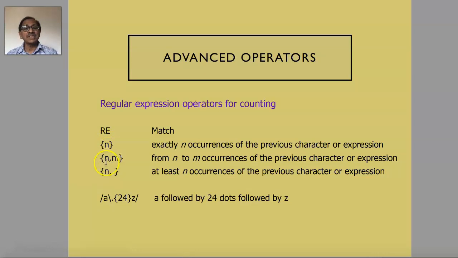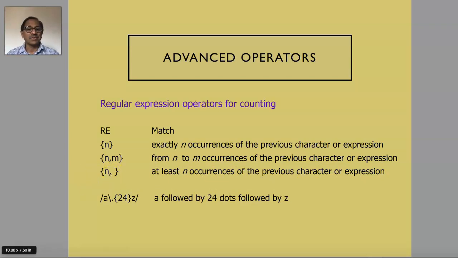You can also represent in a different way, n comma m. That means n to m occurrences. That means if you say 3 to 5, that means you'll find 3 times, 4 times and 5 times. So if you say a curly brackets 3 comma 5, that means it can give you match with 3 a's, 4 a's and 5 a's strings in the text. Or if you say n comma nothing, at least n occurrences of the previous character expression. At least, that's what it means.